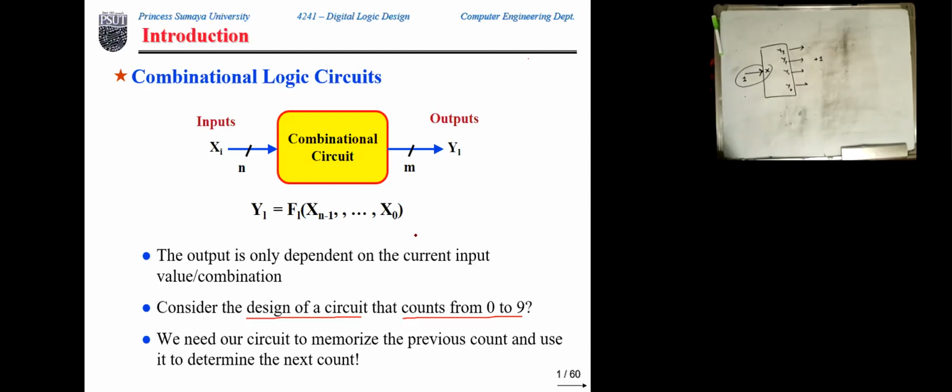So this is very important. This is the feature that distinguishes combinational logic circuits from the new type of circuit, which is the sequential logic circuit.